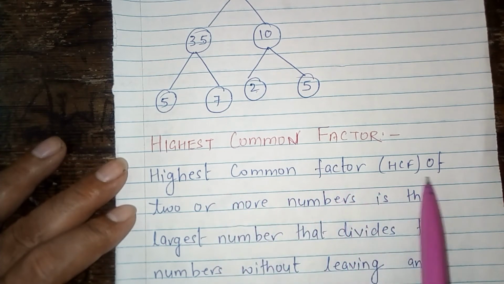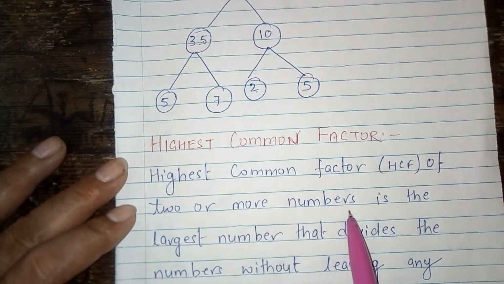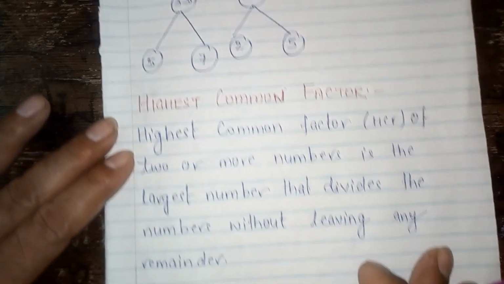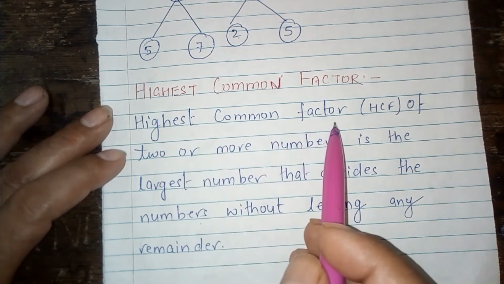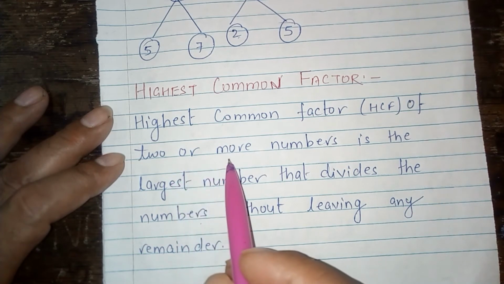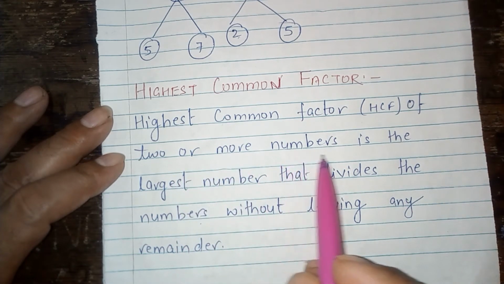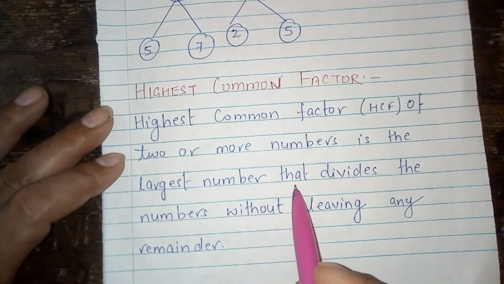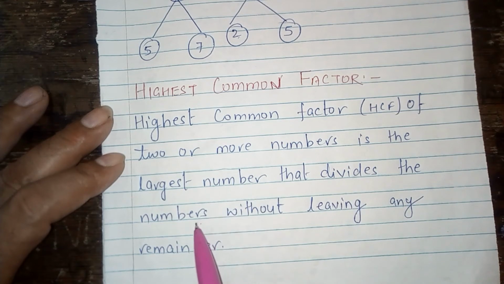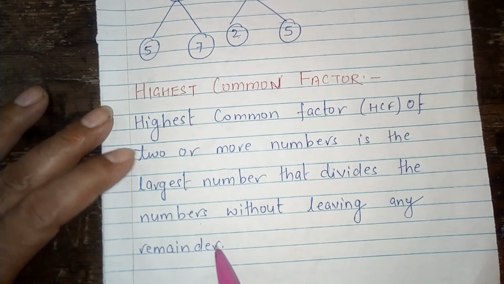The highest common factor of two or more numbers is the largest number that divides the numbers without leaving any remainder.